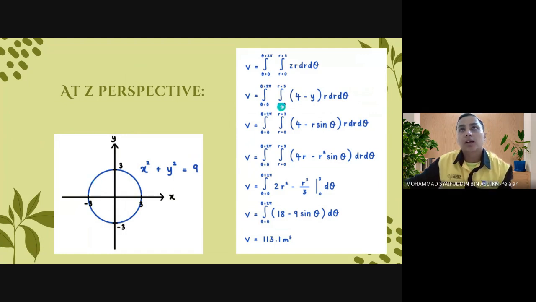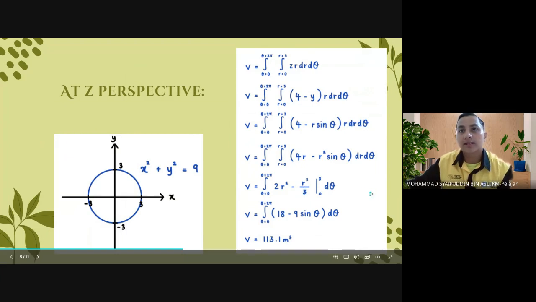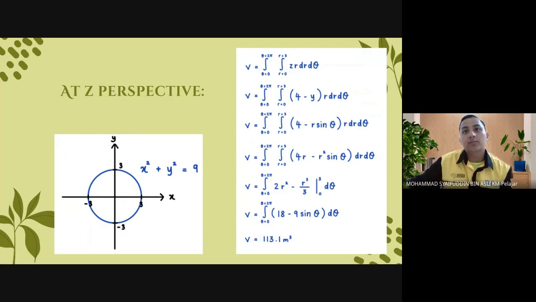The radius goes from 0 to 3. We substitute into the formula and calculate using the calculator, and we get the answer 113.1. All right, next we will go to the MATLAB software solution.